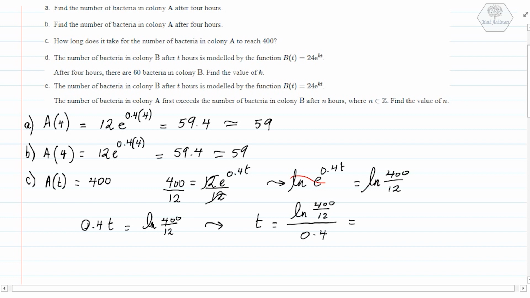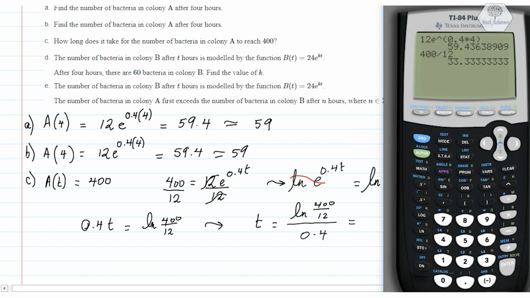we have to use our calculator. This is the ln of 400 over 12 is equal to, and the answer I must divide it by 0.4. It's 8.77.